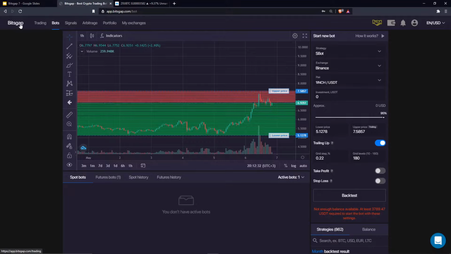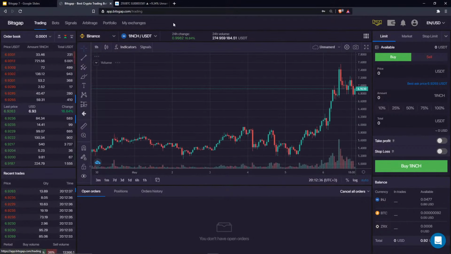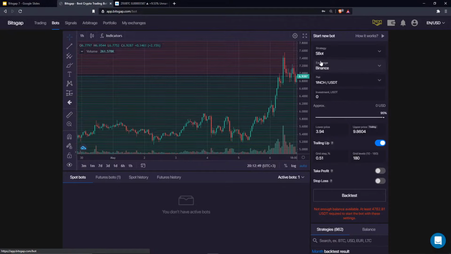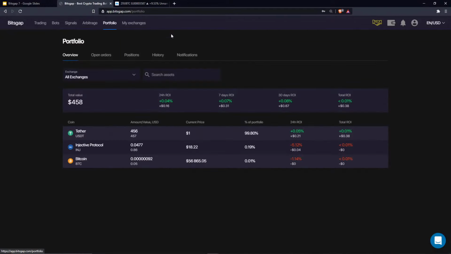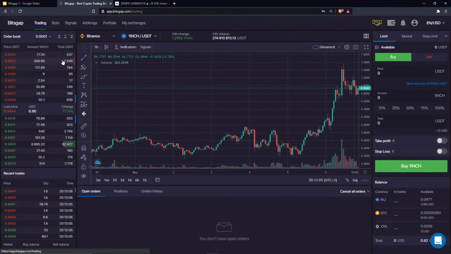So basically the aim of Bitsgap is to remain the top tier all-in-one platform where you can trade futures manually, like here in this mode, where you can have automated bots on the spot market and futures market as well, and the platform where you can manage your portfolio to see the performance, total ROE, and other features. So we are working on other sub-products that we have at Bitsgap, so that you get the utmost experience.